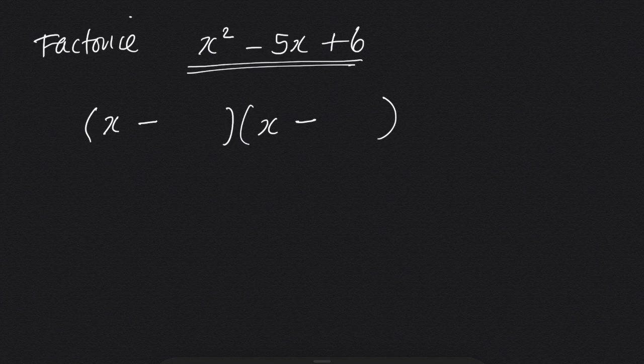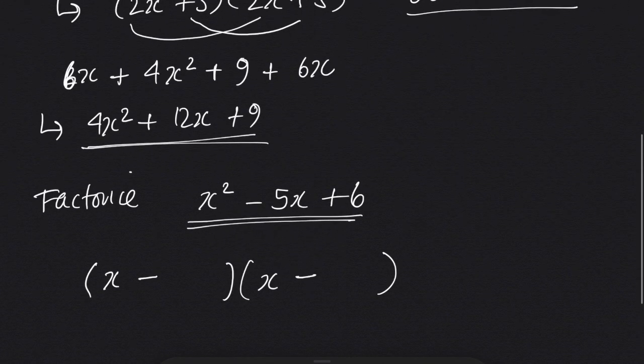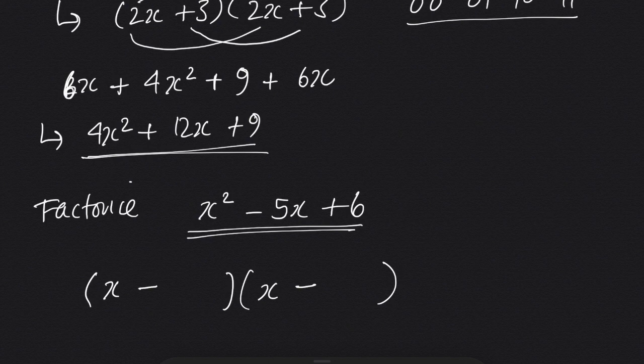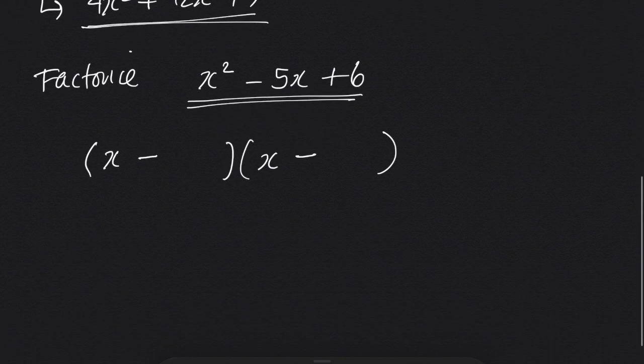The next thing we need to see is, okay, we've got a 5x and a 6. So if we go back to see how we actually got this x term, you see we got two x terms by addition of these two, this x times plus 3. So we need something that when multiplied equals 6, and when added equals 5.